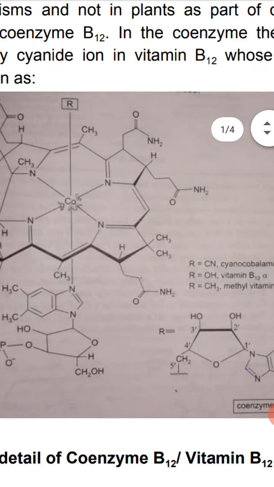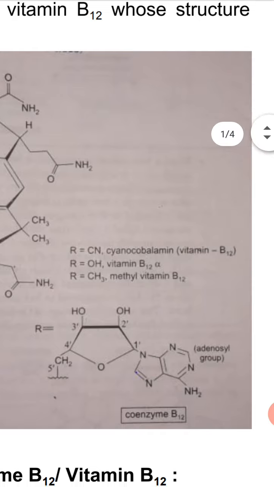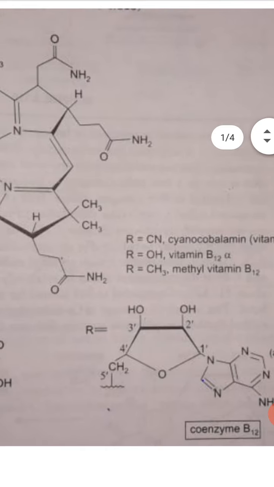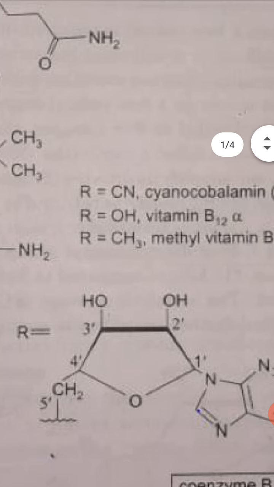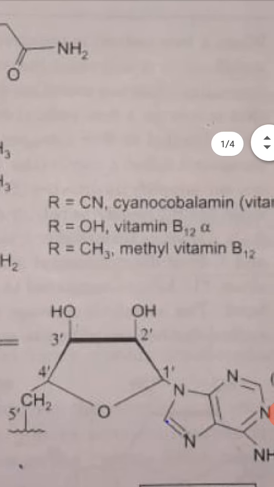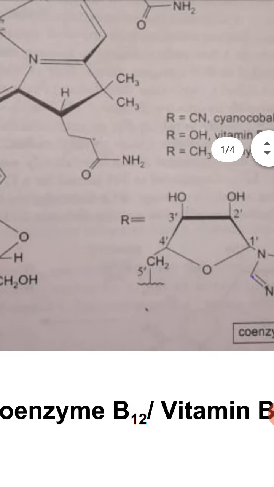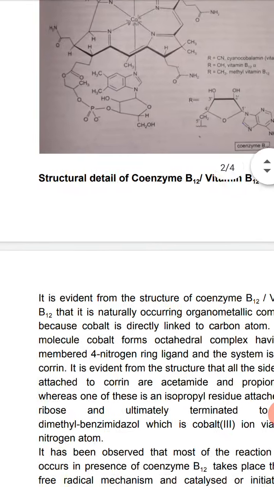Here R is cyanide ion for cyanocobalamin, R is CH3 for methyl vitamin B12. Different values of R give different names for vitamin B12.